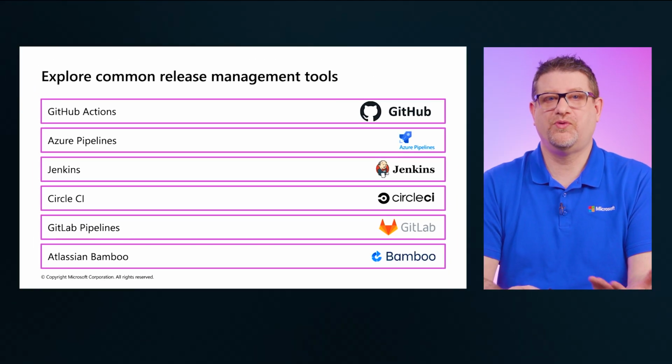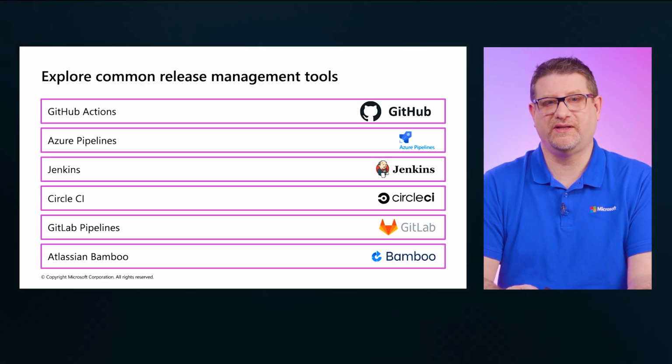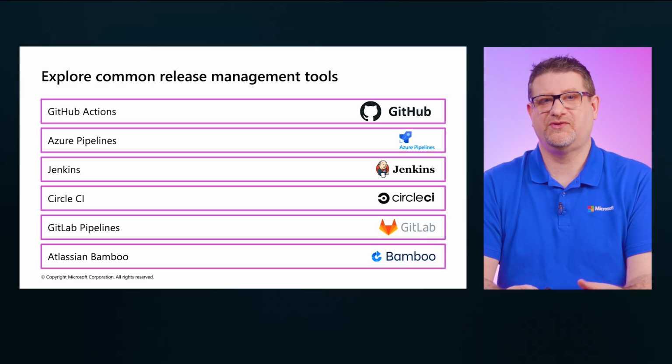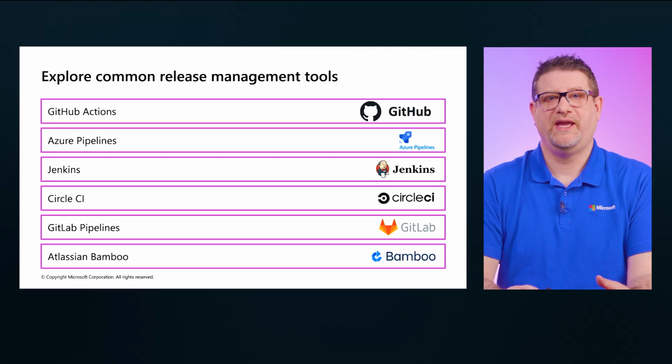Azure Pipelines provides robust support for both cloud and on-premises deployments, while Jenkins is renowned for its flexibility and extensive plugin ecosystem. CircleCI and GitLab Pipelines are favored for their simplicity and strong interaction with version control, and Bamboo is often chosen for its deep ties to Atlassian's suite of deployment tools.